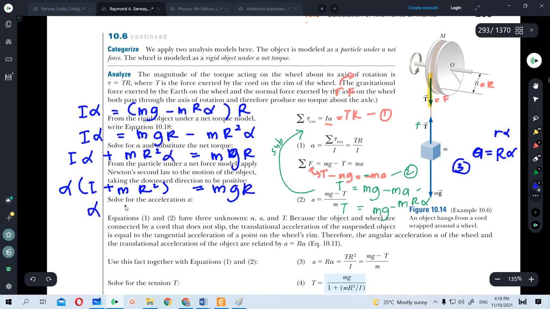So you find that alpha is mgR over I plus mr squared. Now, though it looks different, actually these two equations are equal to one another. So not to worry. My concern is for you to see number 1, number 2, and number 3. More than enough. Okay, give it a try.